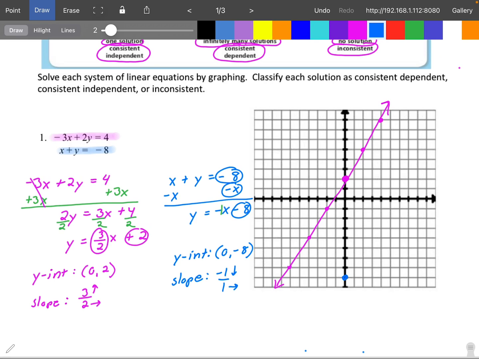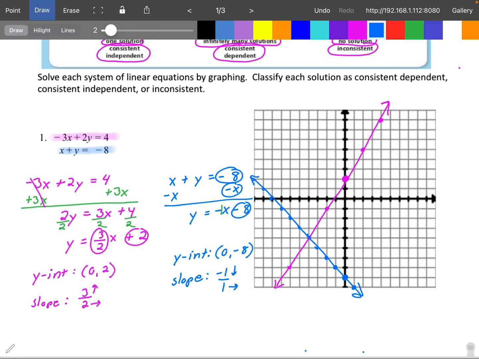So from my y-intercept, I'm going to count down 1, right 1, and then I'm already out of room. So I'm going to go from the y-intercept, up 1, left 1, and then I can continue that over and over and over again. Then I connect my dots, and I get my second line.